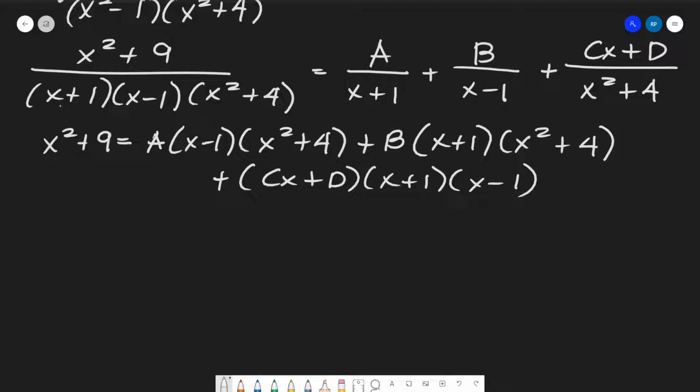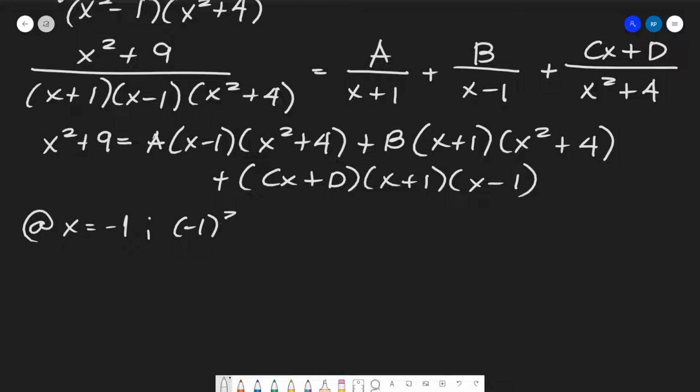Unahin natin yung zeros ng x minus 1 tsaka x plus 1. So, at x is equal to negative 1, we have lahat ng may x plus 1 mawawala. So, b and c mawawala. So, a tayo.